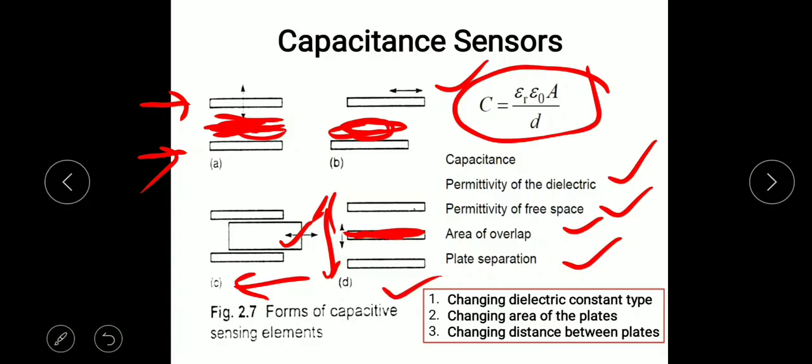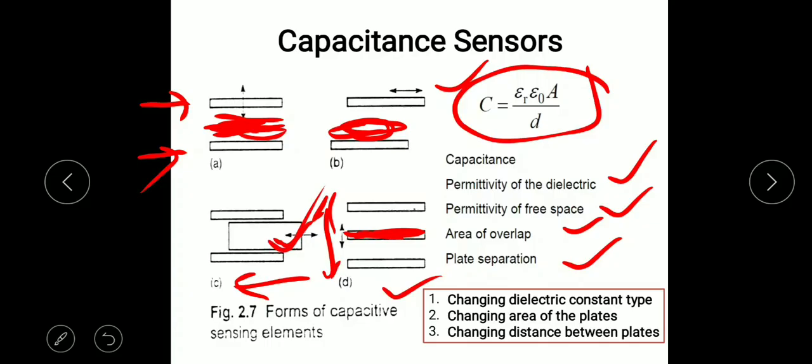capacitive sensors working with the changing dielectric constant type, that is when we are varying the dielectric constant, epsilon r into epsilon O. And you can see the figures here. This is a dielectric constant changing capacitive sensor, and the second one is changing the area of the plate.